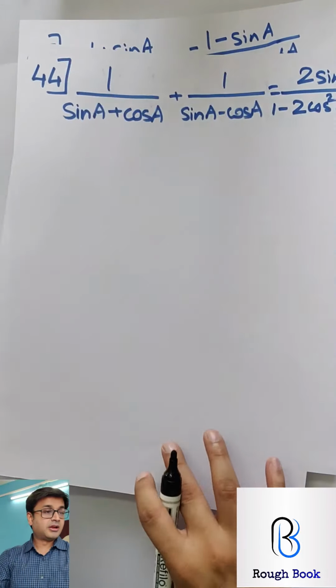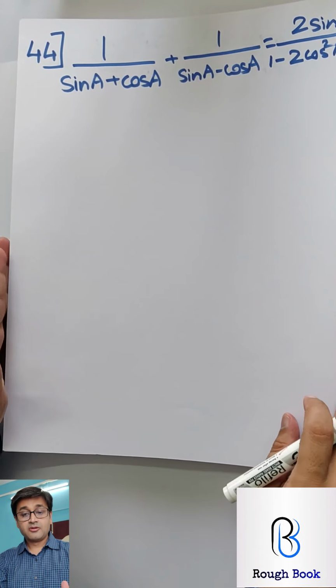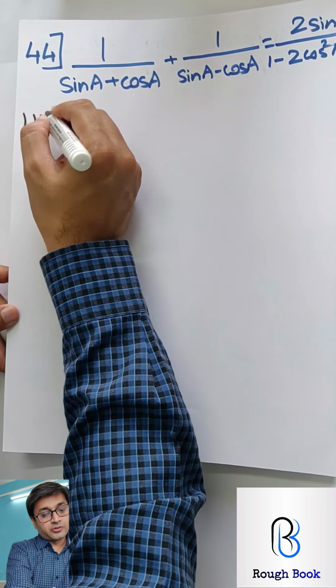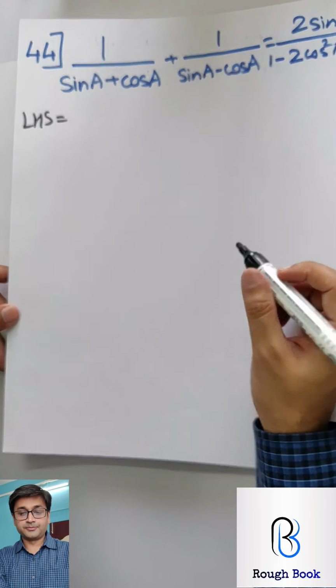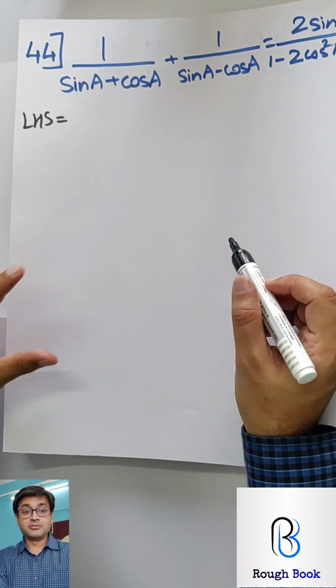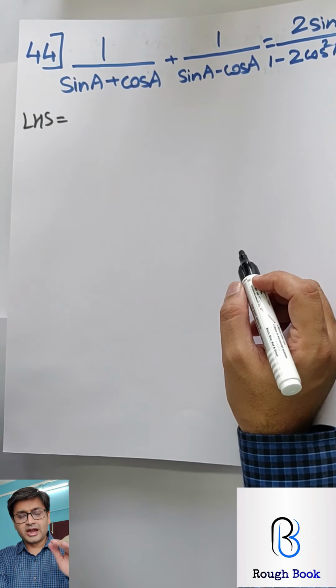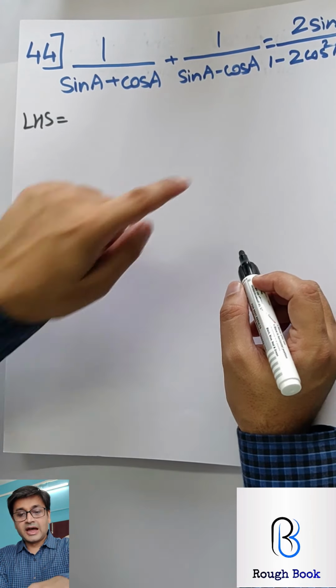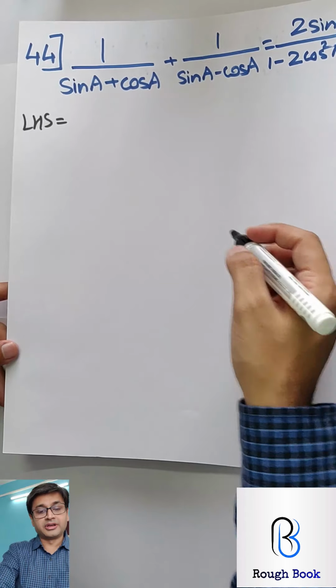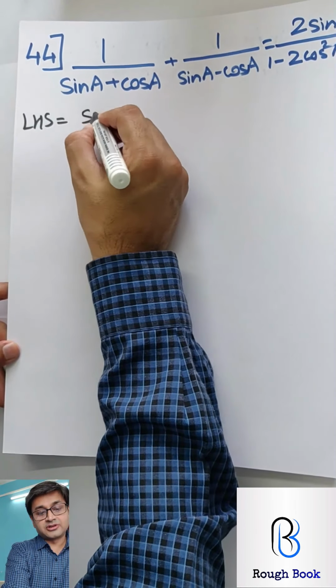Okay. Next, 44. 44 again is a very interesting question. I will not say difficult one. So you start with LHS, take the LCM, and you will get some clue for sure. Try on your own. At every step, just use logic and keep your eye on the right hand side. Automatically you will come to know how to derive it. So I'm taking the LCM straight away.